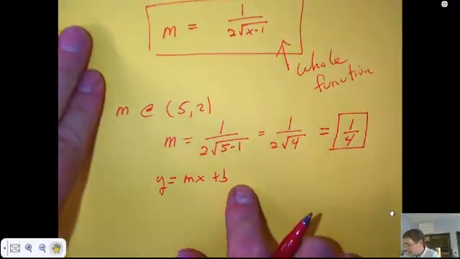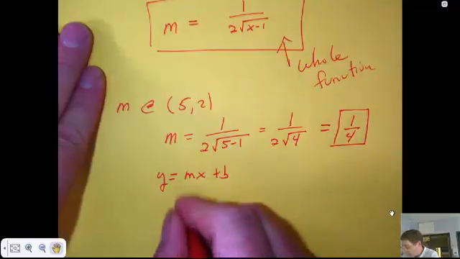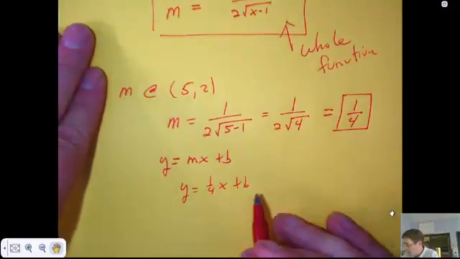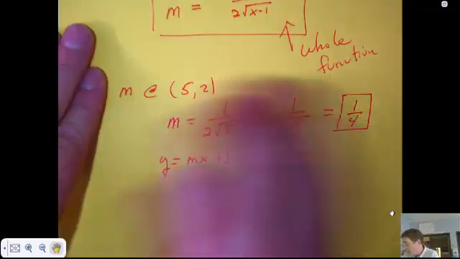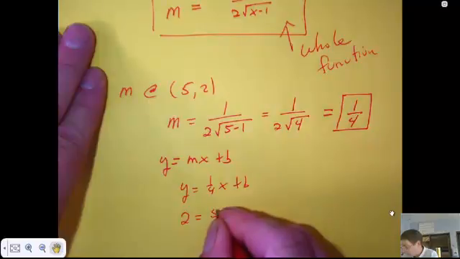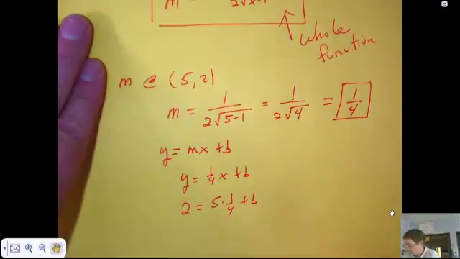Y is mx plus b, and so I know that m is 1/4, so y is 1/4 x plus b. And so we plug our point in to find b. We have 2 minus 5/4 for b.